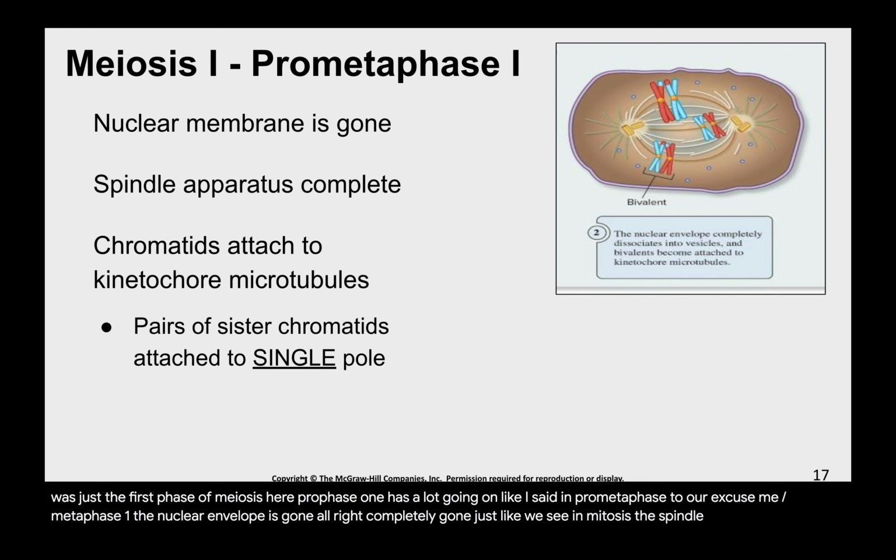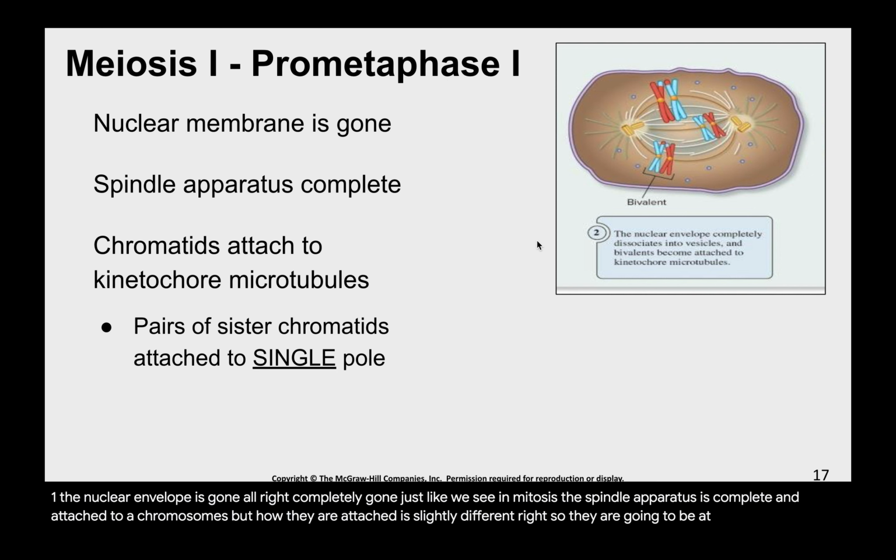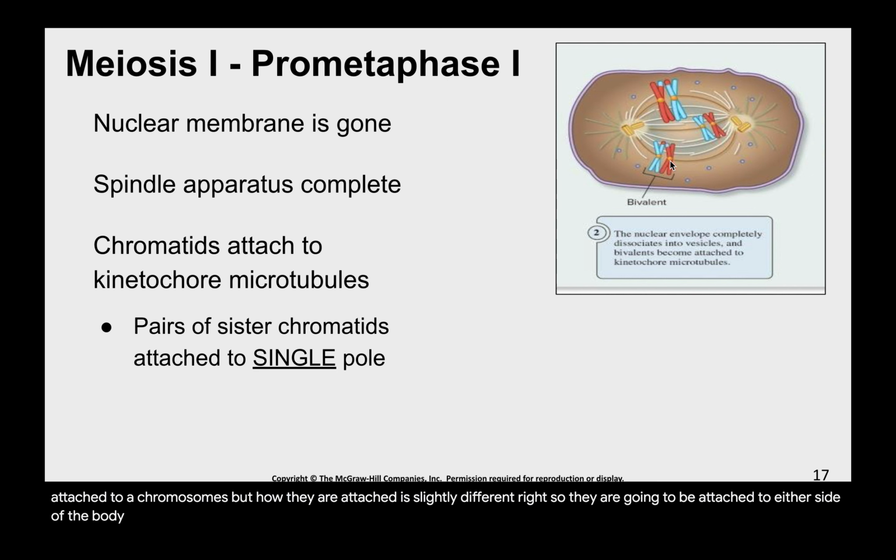The spindle apparatus is complete and attached to our chromosomes, but how they are attached is slightly different. They are going to be attached to either side of the bivalent. So one mitotic spindle is going to attach to one side of our bivalent, and the other mitotic spindle is going to attach to the other side of our bivalent.